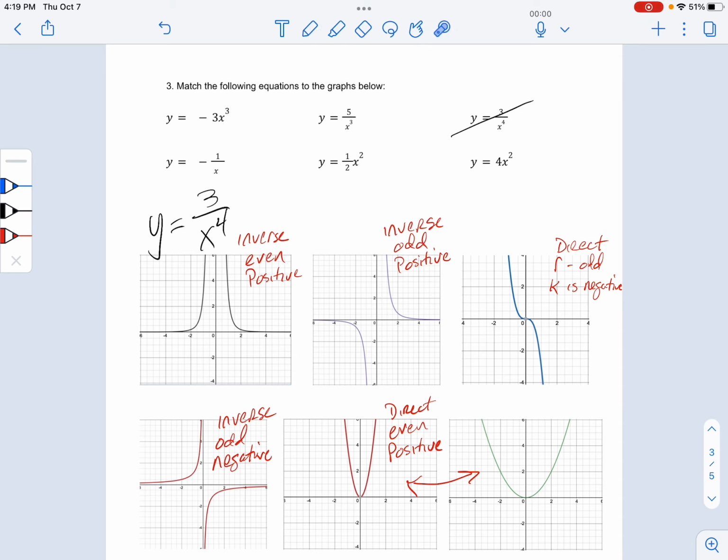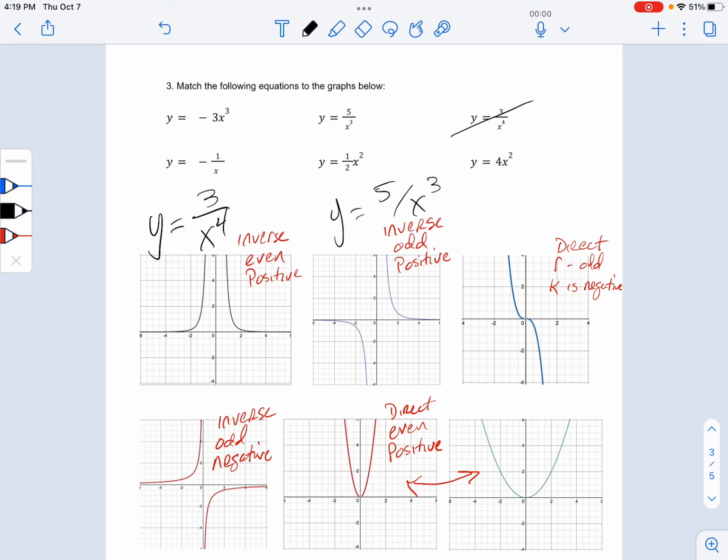Next, we'll look for inverse, odd, and positive. So these are my two remaining inverse variations. Only one of them is positive. This one is positive and odd, so it must be y equals 5 over x to the 3rd.